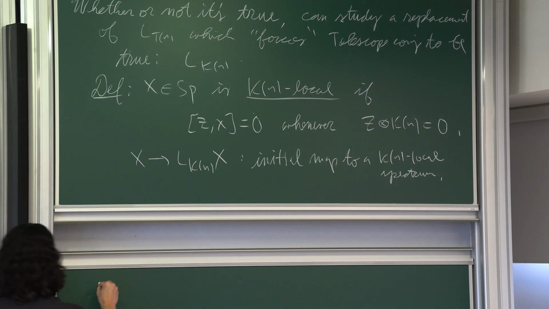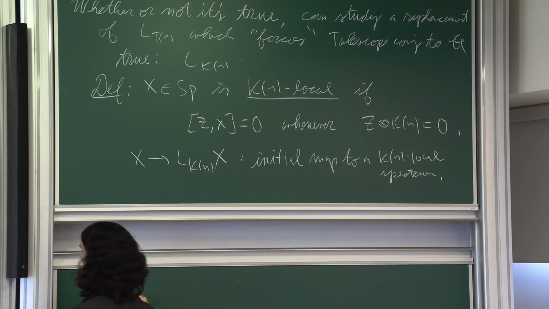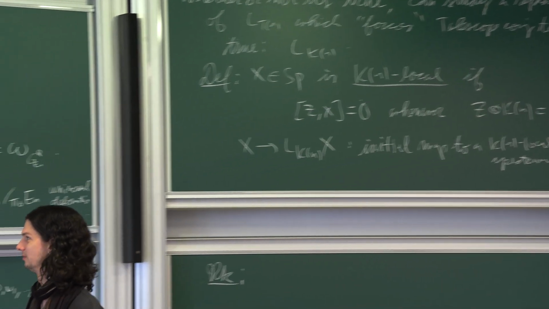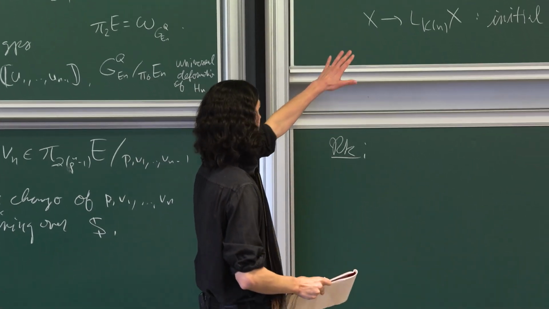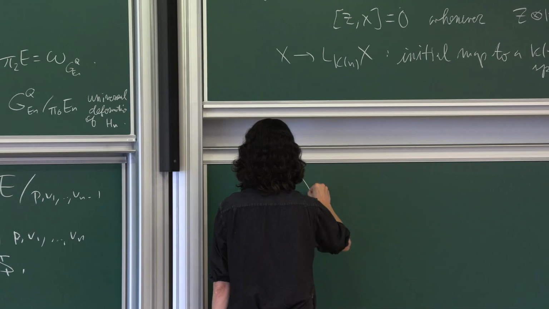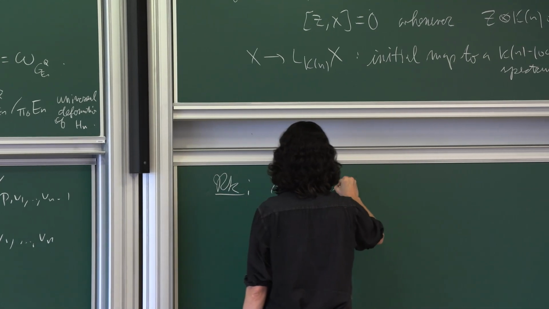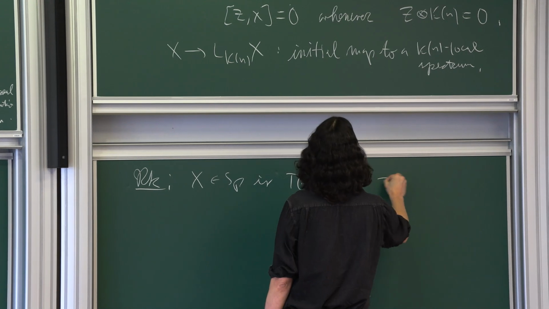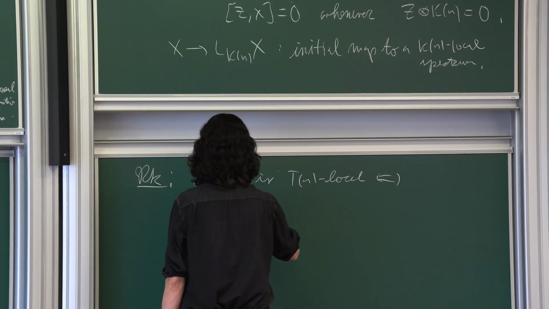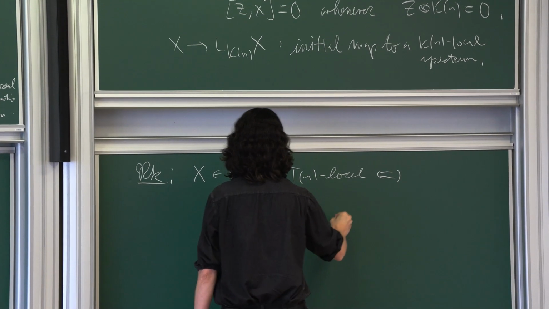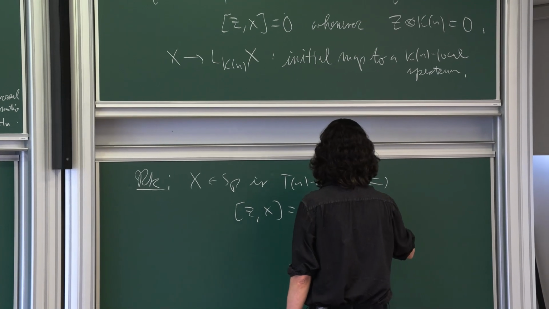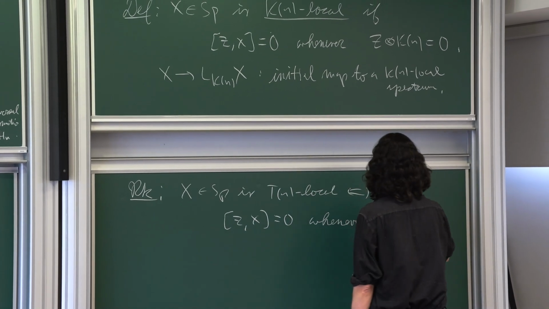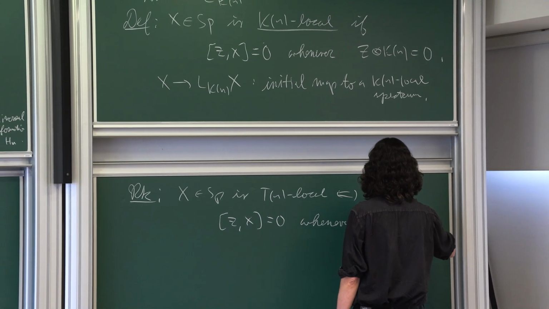And let me make a remark. One can view this Tn localization, I gave a formula for it, but one can also view it in a similar way. So X in the spectra is Tn local if and only if there are no homotopy classes of maps from Z whenever Z tensor Tn equals 0.